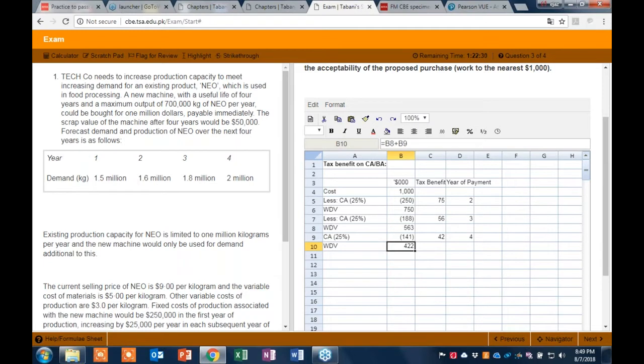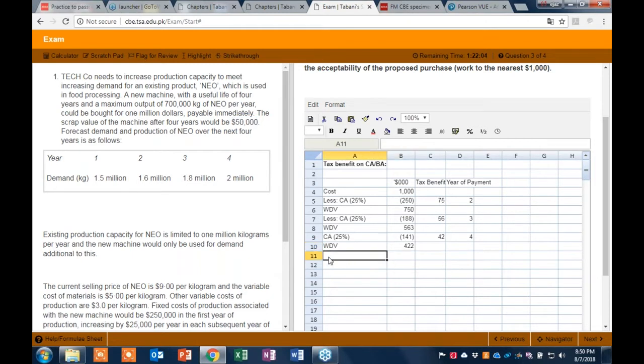So this is the last year in which we have to claim the rest of the cost of the asset. But according to the question, this asset will be sold for 50,000. It means that whatever we invested in this technology, we'll be able to recover 50,000 from it. So the tax authorities will never allow these $50,000 to be claimed as expense, because this is something that you will be receiving from your investment.